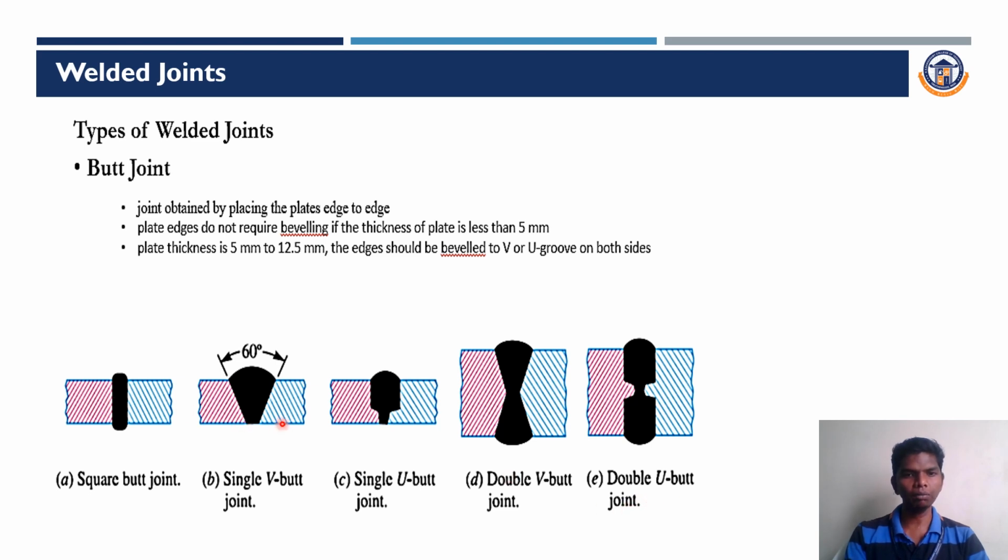When you look at the diagram itself, we can identify the type of joint. Look at the shape: V shape, that's why it is called a single V butt joint, single U butt joint, and double V butt joint.